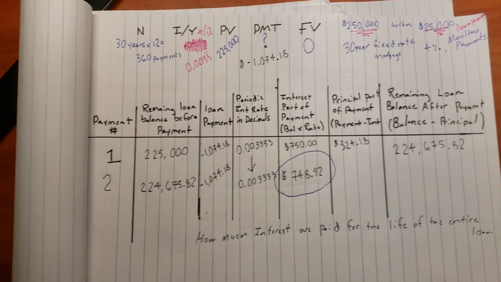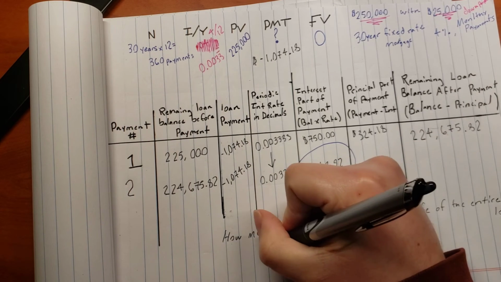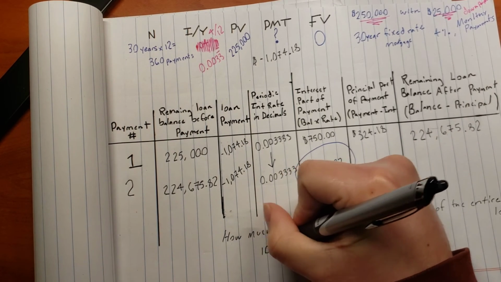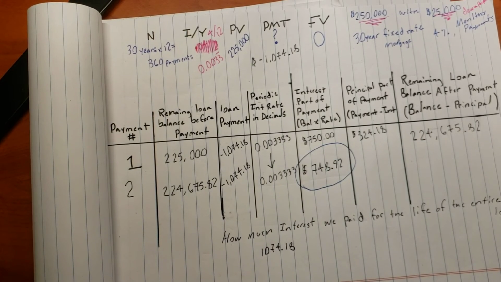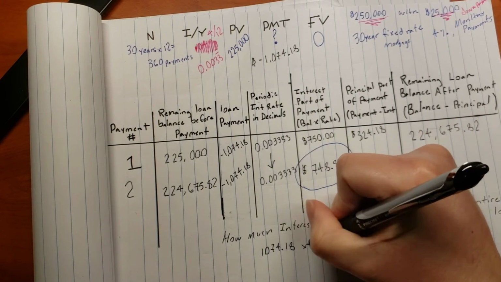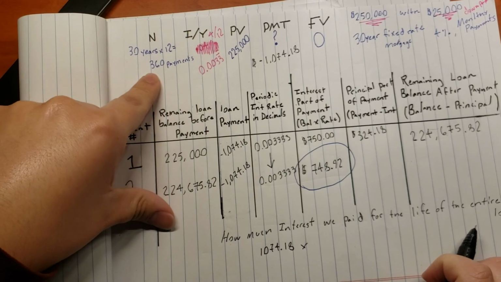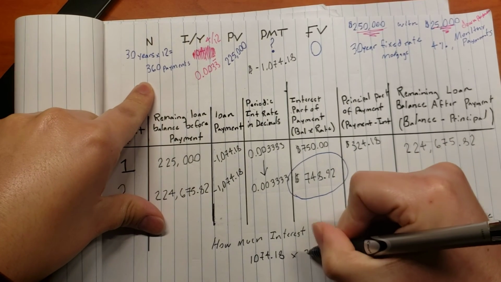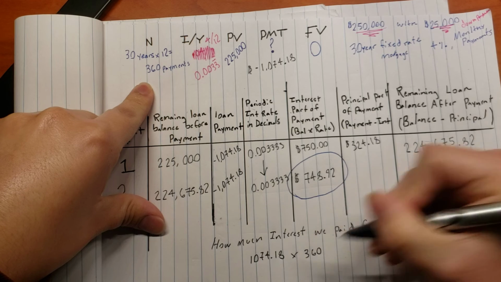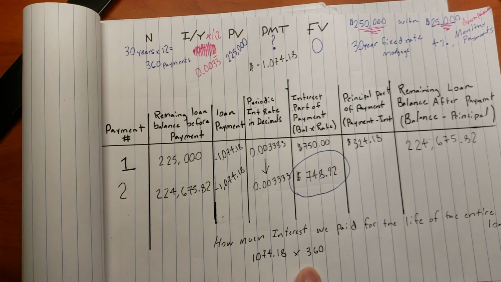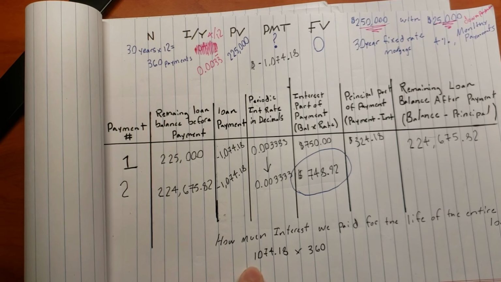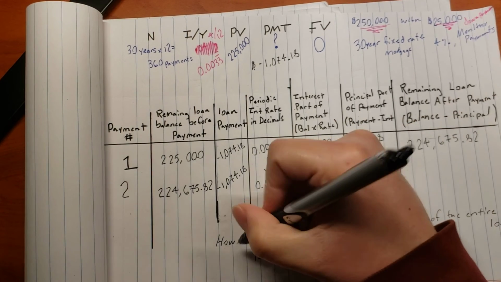So we're going to take our monthly payments, $1,074.18, and then we're going to take our number of payments. So to pay this loan off, we're going to pay 360 times, and each time we're going to pay $1,074.18.